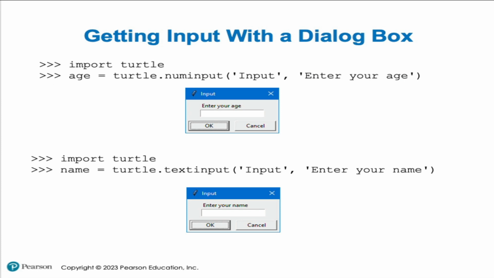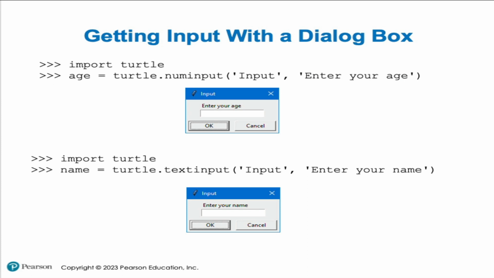We can get input from this. This is a crude graphical user interface, if you will. For example, we can pop up a window using num input if we want to read a number. In this case, we prompt the user with enter your age and then input a numeric age.